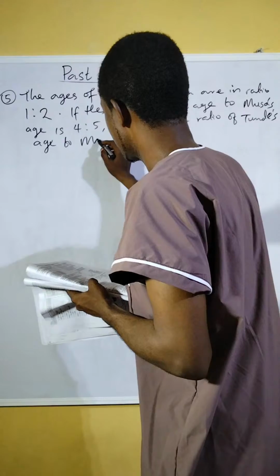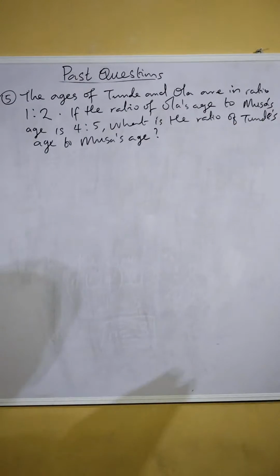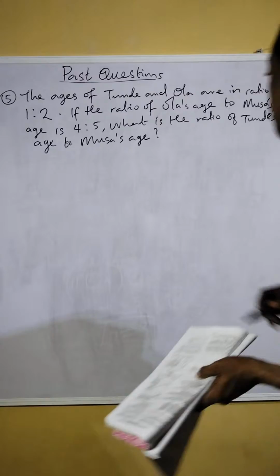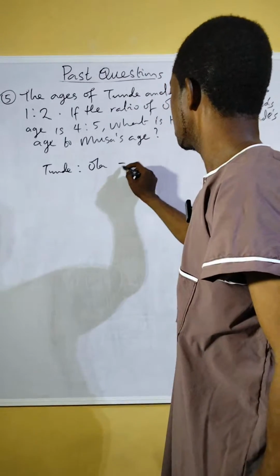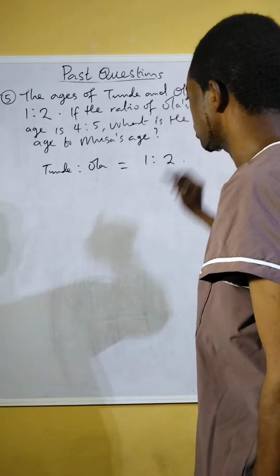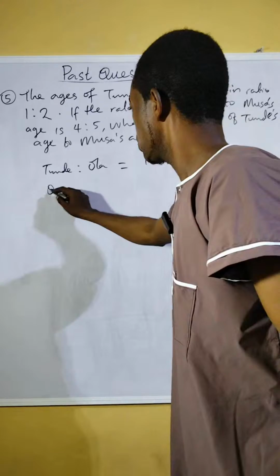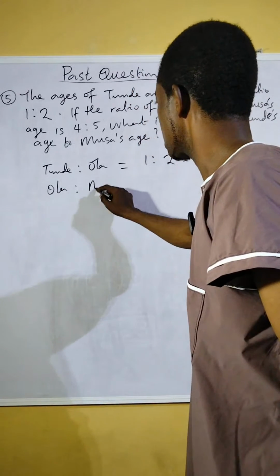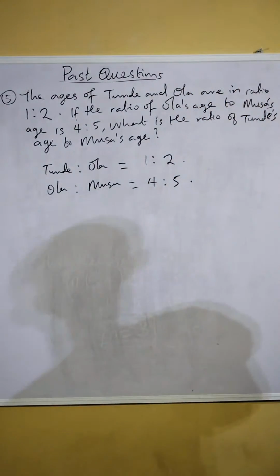to Musa's age? Now, this is simply about ratio, and the first one we are given is the ratio of Tunde to Ola. So we can say Tunde's age to Ola's age is given as 1:2. And also we are given the ratio of Ola to Musa's age, that's given as 4:5. Now, there is something we should take note of from here.